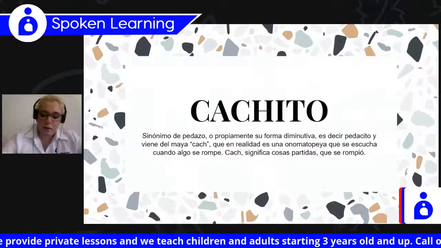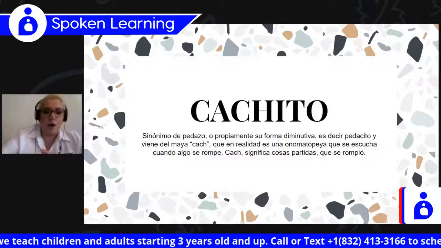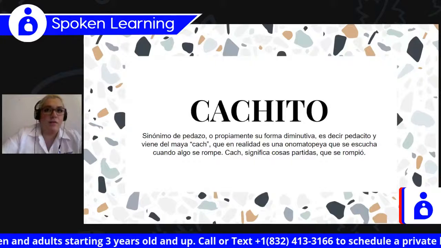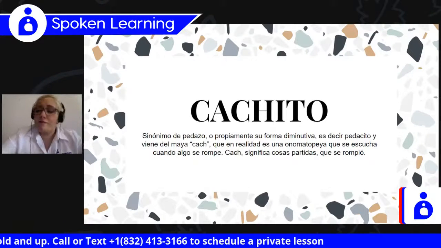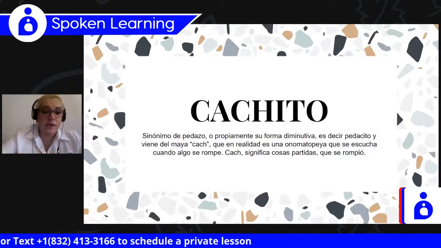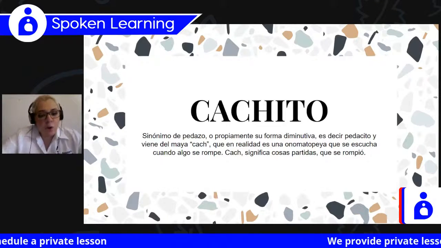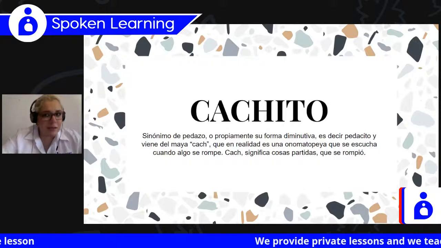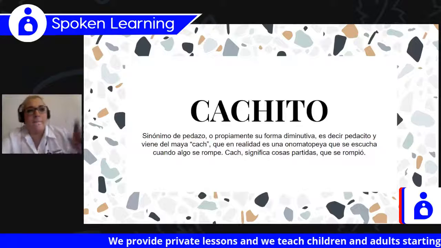I bring you this word because I think it's really pretty. I love Spanish, and one of the things I love the most is how diverse it is in so many ways. So in this case, we have the word cachito. Cachito actually comes from the Nahuatl, okay? And this is a synonym of pedazo.